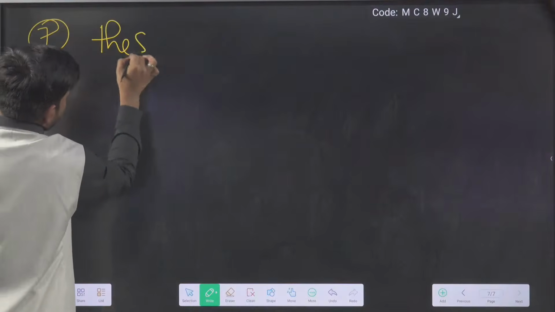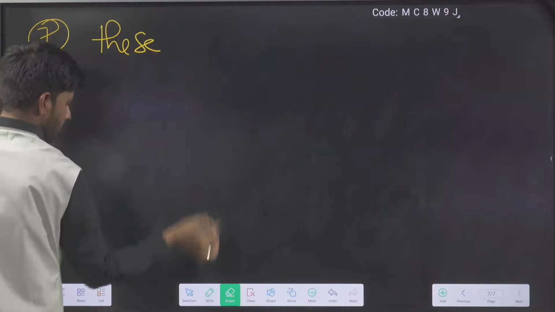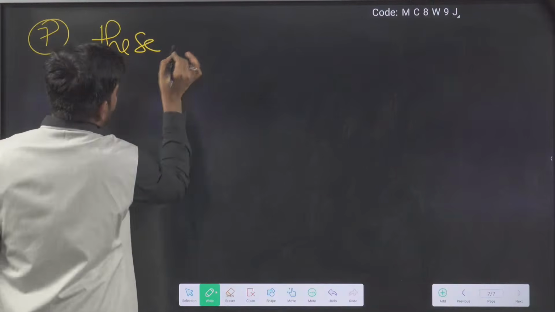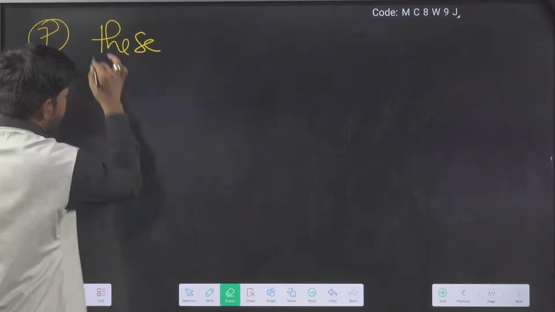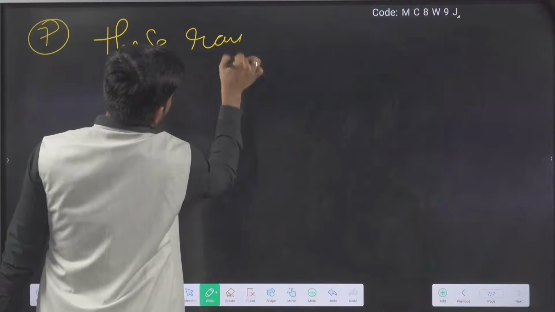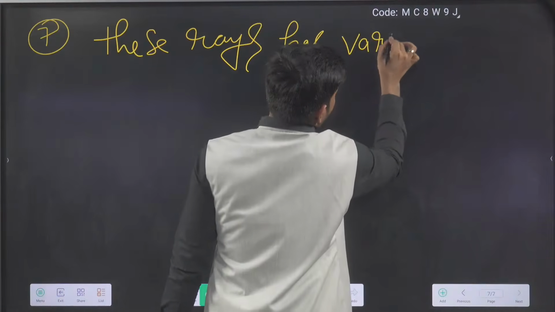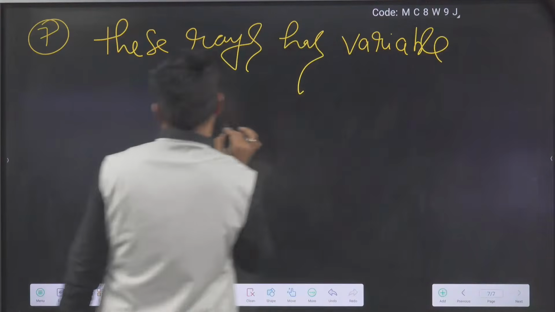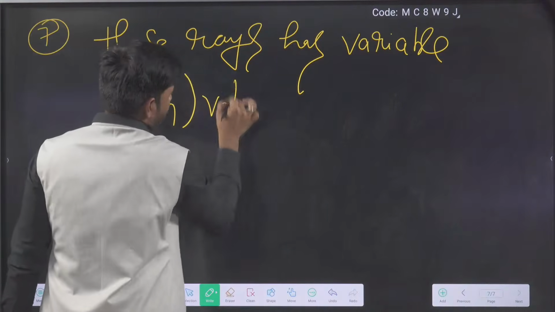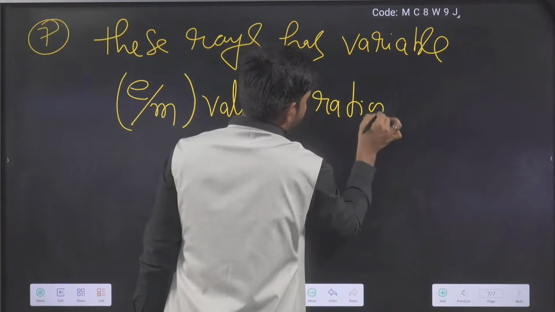Next property. These rays have a variable e/m value or ratio. That is very important.